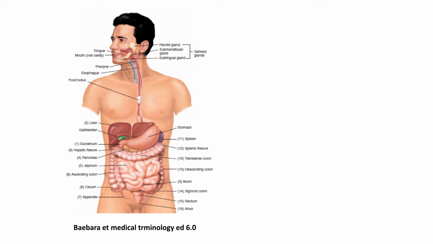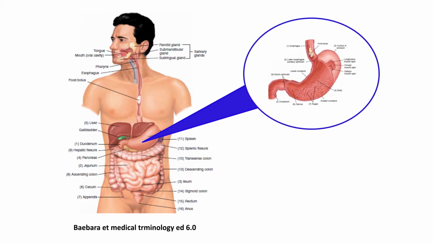Since the name of the organ is the root element of the medical word, again you may need to memorize these names to construct the medical words. Starting from the mouth or oral, salivary gland, esophagus or the food pipe as I have mentioned earlier, stomach, and small intestine, where you may need to know the name of each part: duodenum, the first part of the small intestine after the stomach, then jejunum and ileum before changing to the large intestine.